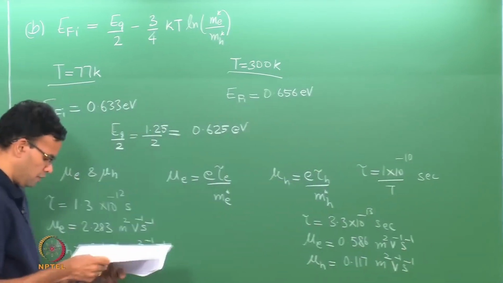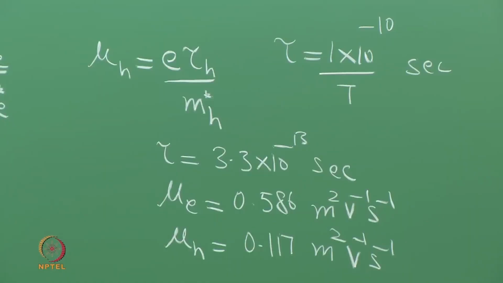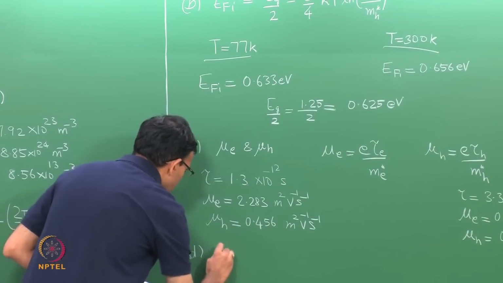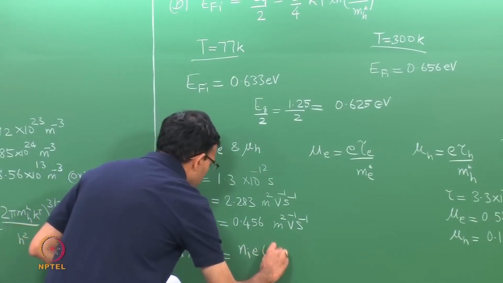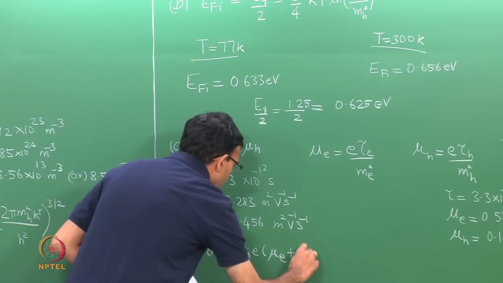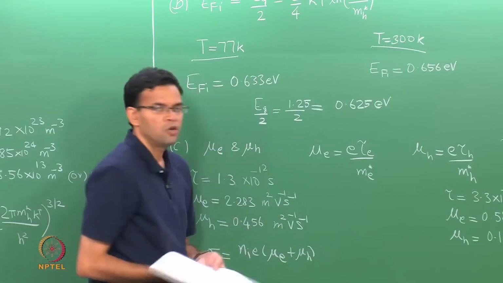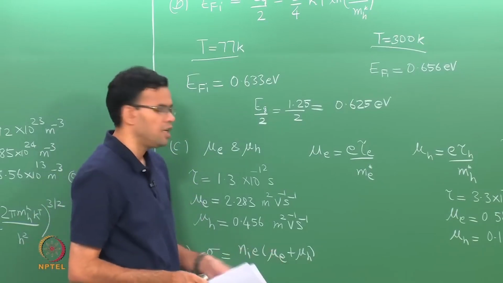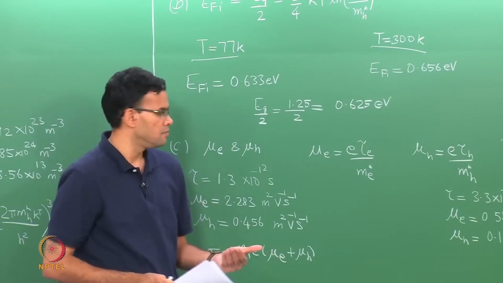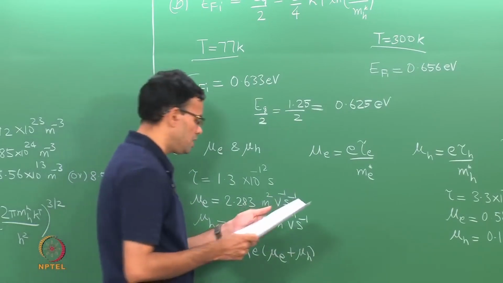So, the last part of the question, we want to calculate the electrical conductivity. Sigma is nothing but Ni e mu E plus mu H. So, Ni we got in the first part of this question, mu E and mu H we just calculated. So, we can just plug in the numbers.